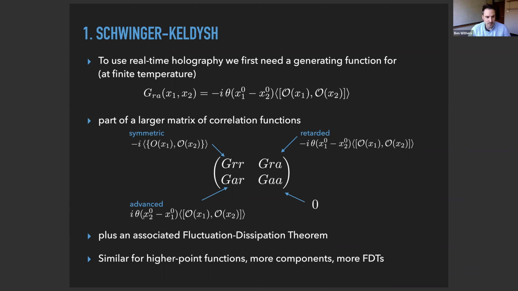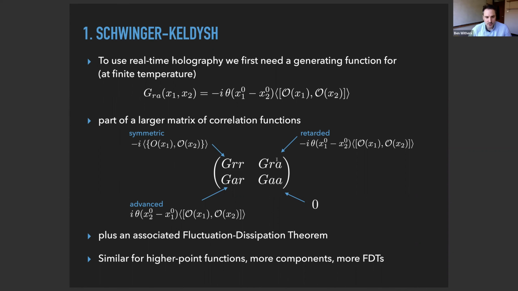So it's still a commutator, but now the theta function is swapped, 1 and 2, so 1 is to the past of 2. There's another entry, GRR, which is a sort of symmetric piece, and this is the anti-commutator of those 2 operators. And there's a 4th piece, which is identically 0.